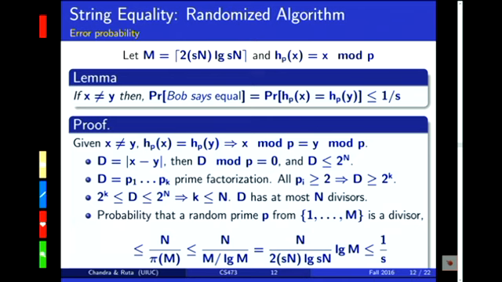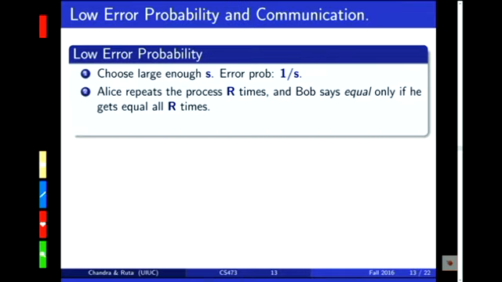So why do I get that d mod p should be 0, that means d has to be divisible by p? Because the remainder is 0 when we divide d by p. Because here you are saying that when you divide x by p and y by p, the remainders are the same. Okay. So we get 1 over s as the error probability.